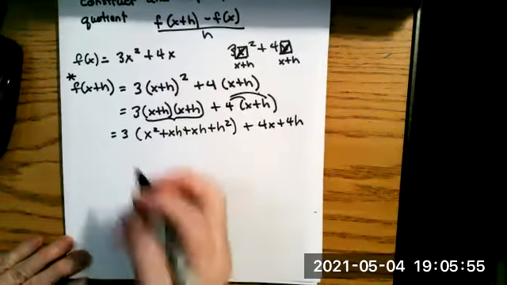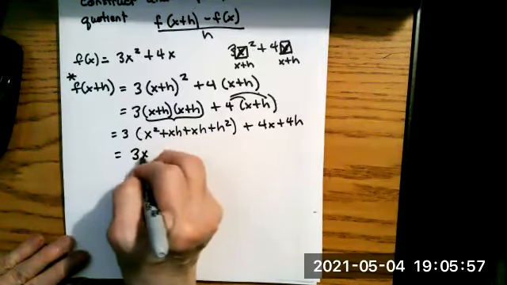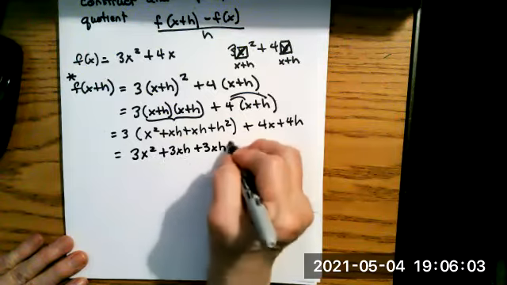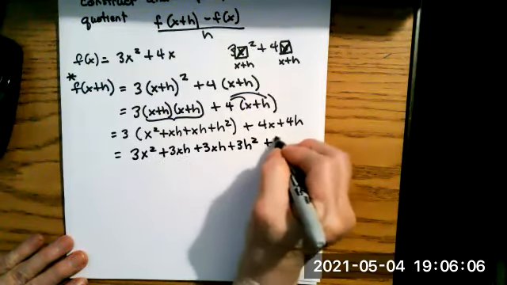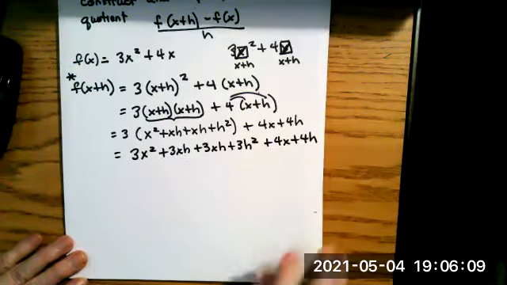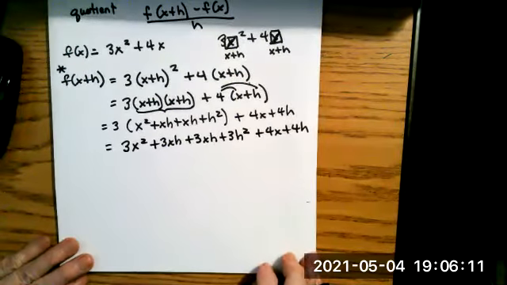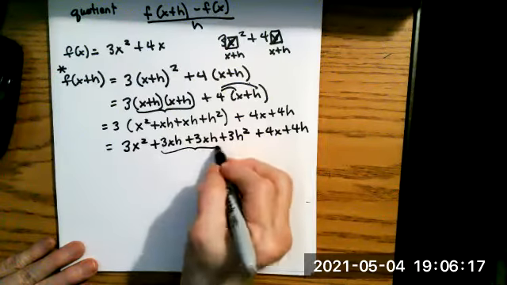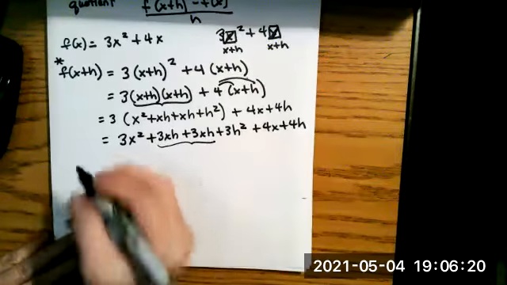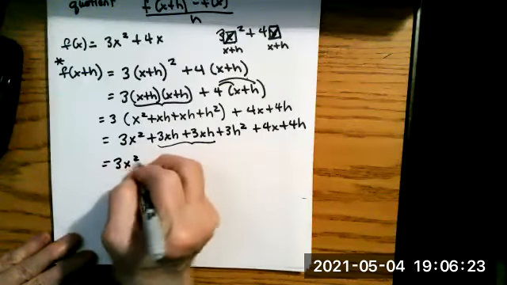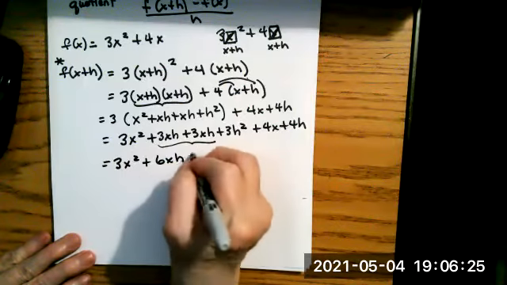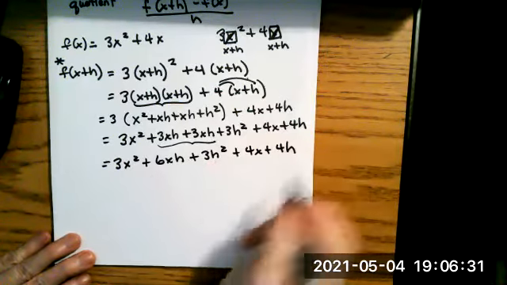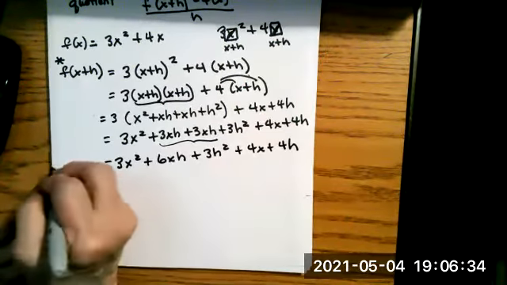Now then you want to distribute your 3. 3x squared plus 3xh plus 3xh plus 3h squared plus 4x plus 4h. And these 2 right here you can combine. You can't combine anything else but those 2. So you have 3x squared plus 6xh plus 3h squared plus 4x plus 4h. And that is your f of x plus h.